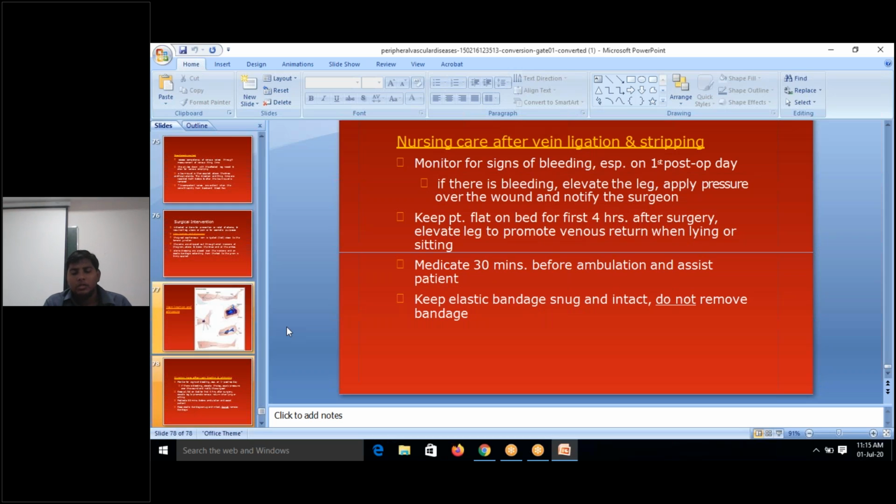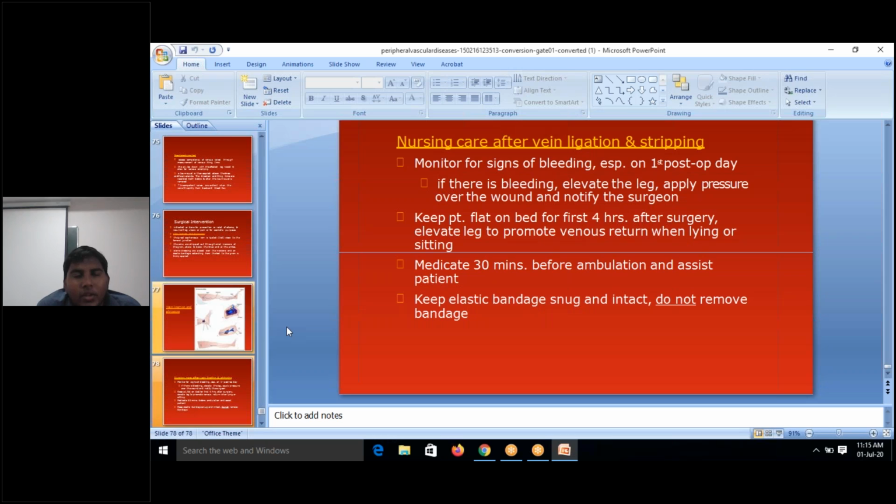There are two types of sclerotherapy. One uses liquid sclerosant, and the other is foam sclerotherapy. This sclerotherapy helps in collapsing of the veins, decreasing the size of the vein, and complete closure of the vein.